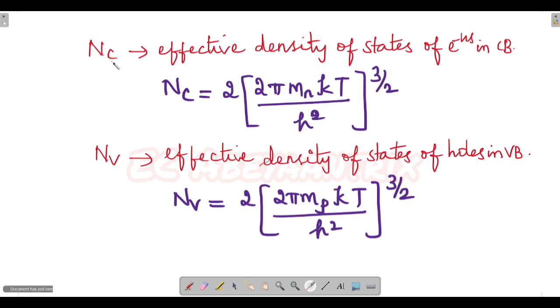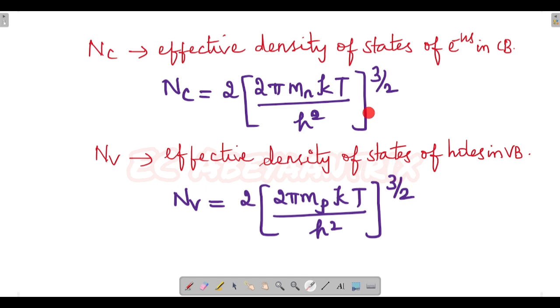So NC refers to the effective density of states of electrons in the conduction band, and NV refers to the effective density of states of holes in the valence band. C refers to conduction band and electrons, and V refers to valence band and holes. Keep this point in mind.